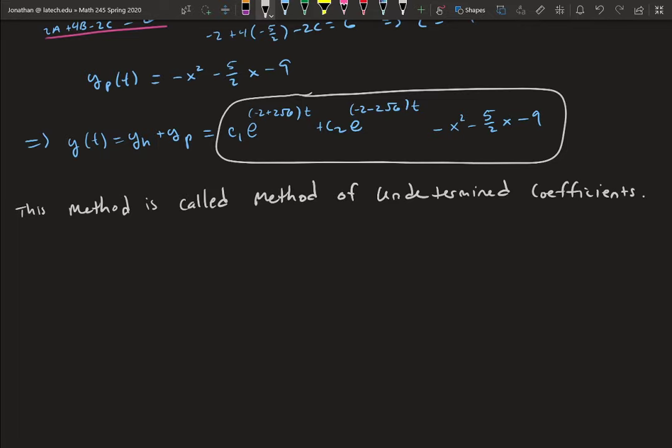So here's a little table for choosing yp. So some notes.